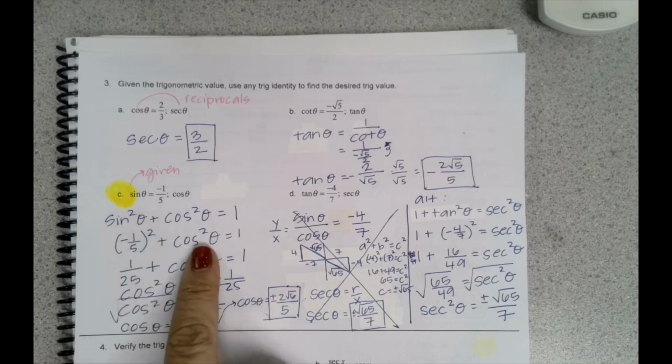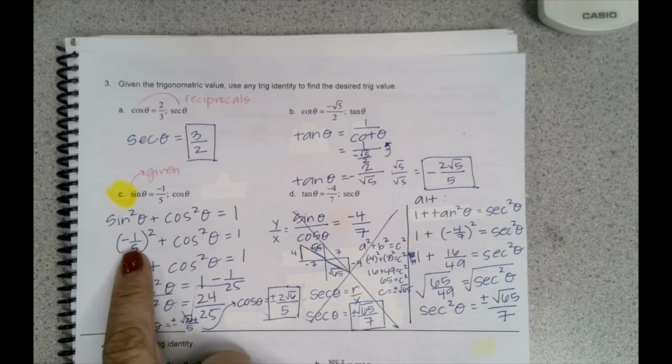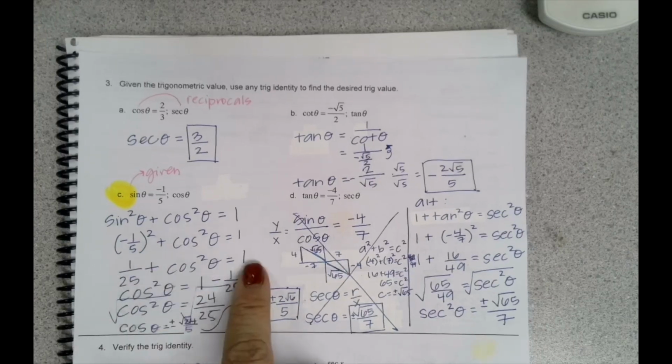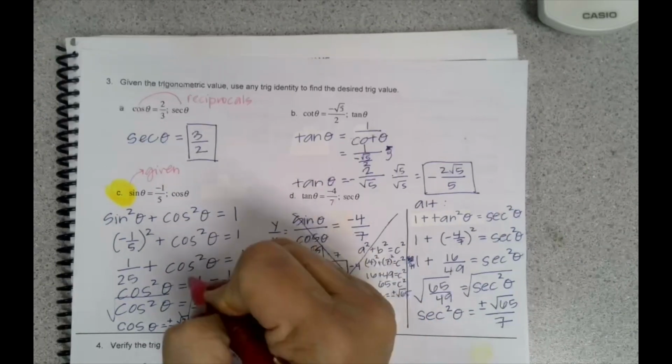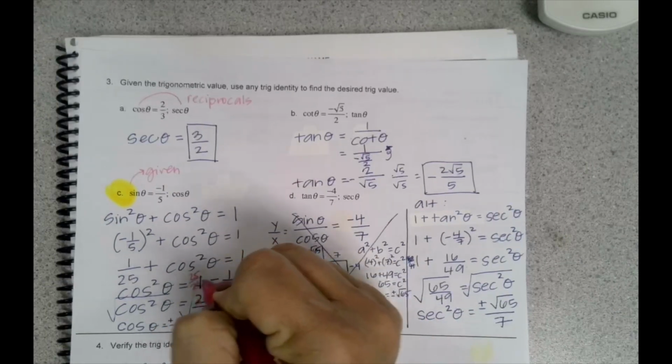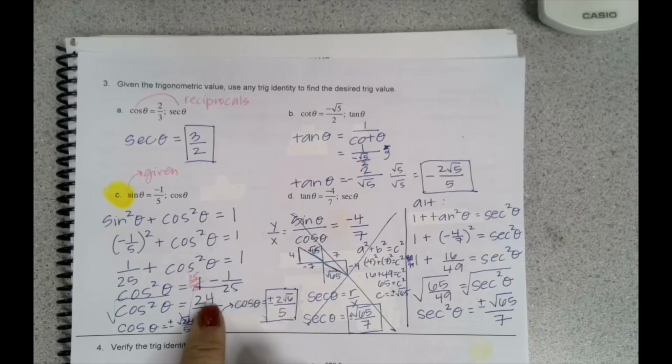And then you don't know cosine squared, and that equals 1. Negative 1/5 times negative 1/5 is positive 1 over 25. You subtract it, then you square root 1 minus 1 over 25. This is going to be 25 over 25. So then you get the square root of 24 over 25. Don't forget the plus or minus.